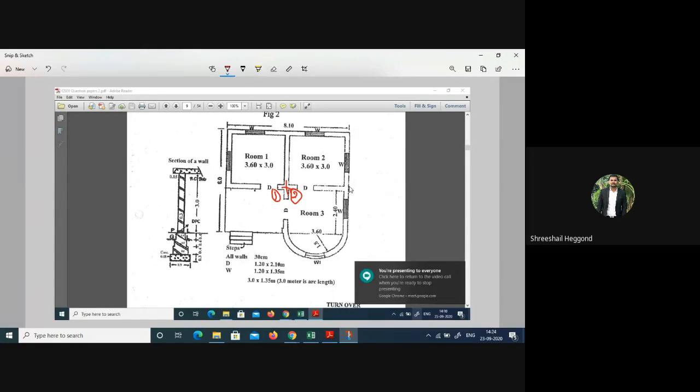And next you can consider here 1 T junction. 3 walls are meeting at one point. And this will be the 4th one. This can be considered as the 5th one. And the 6th one, where this wall is joining, that can be considered as the 6th.